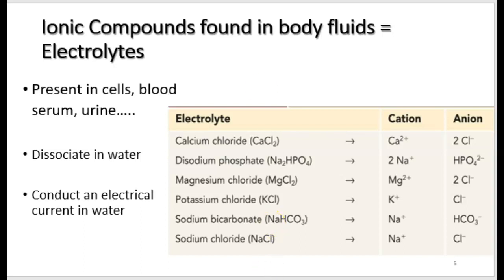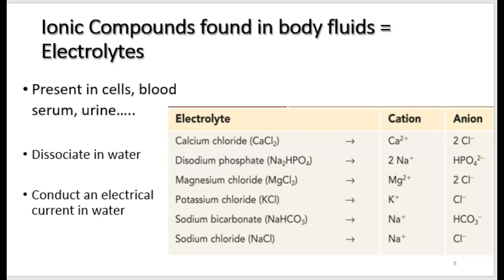Calcium chloride, potassium chloride, and sodium bicarbonate are electrolytes or ionic compounds that we will discuss when we talk about the nervous system and when we talk about pH balance. These ionic compounds are found in body fluids such as urine, blood, the fluid in between cells called intercellular fluid, or within a cell's cytoplasm.